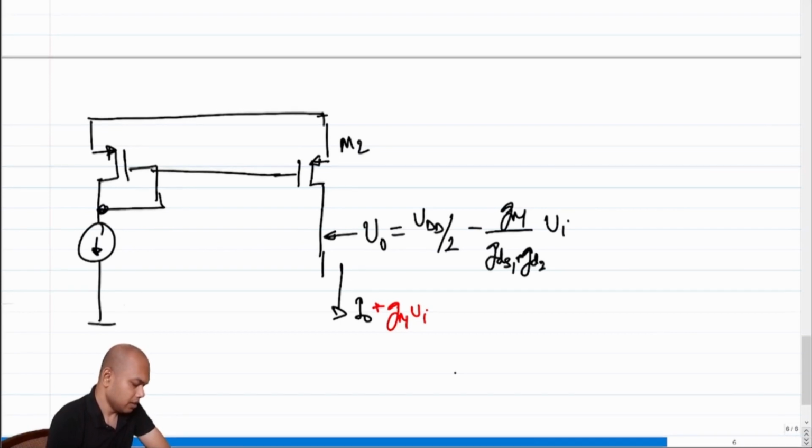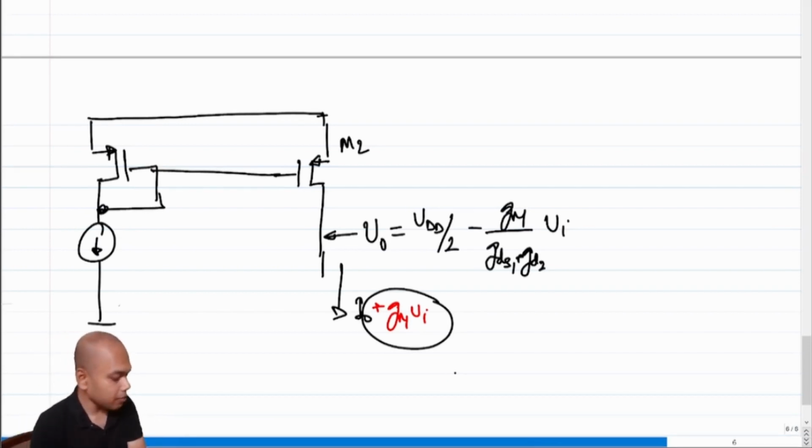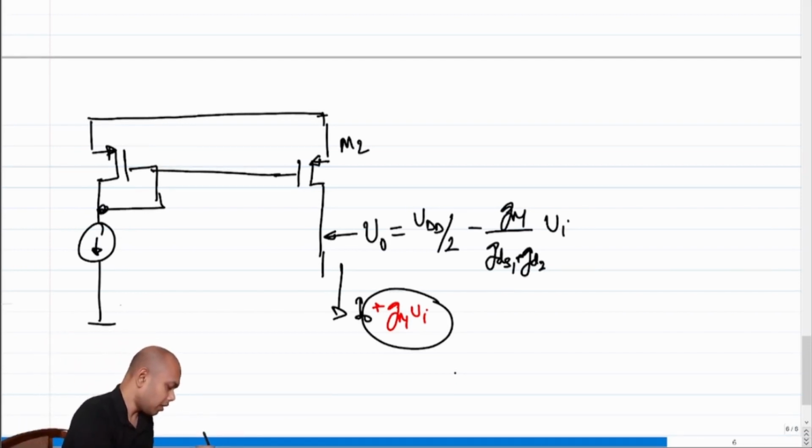So let me ask you one question. Where is this incremental GM1 times Vi going? It is going into the modeled incremental resistances. What is meant by modeled resistances? What is the genesis of those modeled incremental resistances?